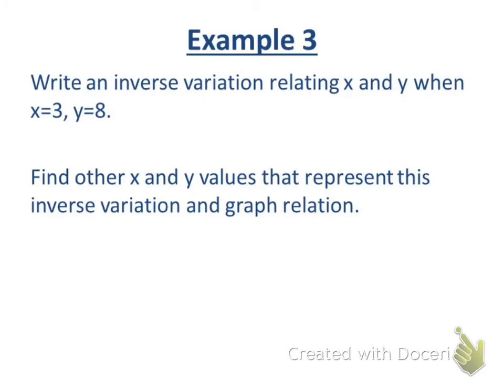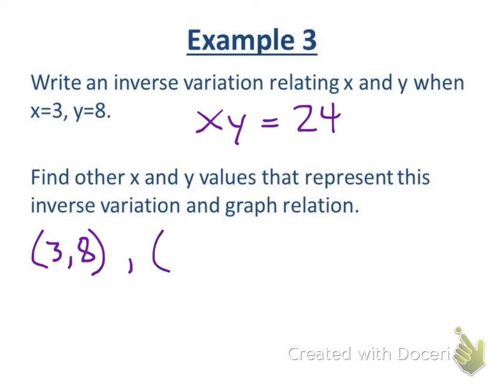Find other x and y values that represent this inverse variation and graph the relation. All right, so we're dealing with x times y equals 24. We got 3 and 8. Y'all slow down. I just said 3 and 6, right? 3 and 8. 2 and 12.